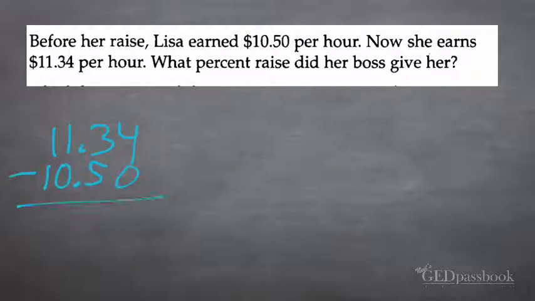But if you don't remember, you line up the decimals and you subtract, right? What's 4 minus 0? What's 3 minus 5? Can't be done. So then you have to do, what's 13 minus 5? Bring down the decimal. What's 0 minus 0? What's 1 minus 0? So the difference is 0.84, right?